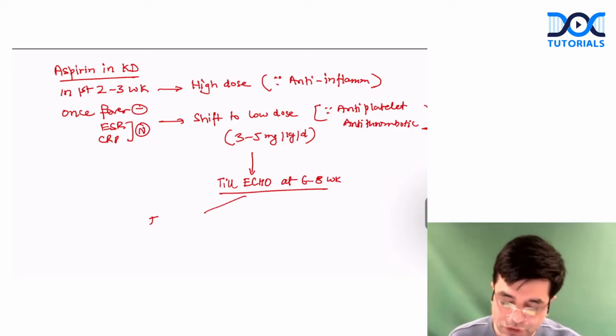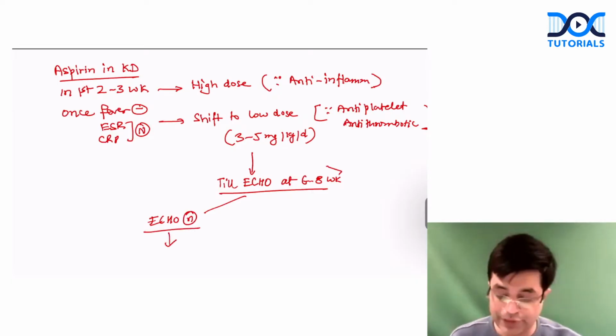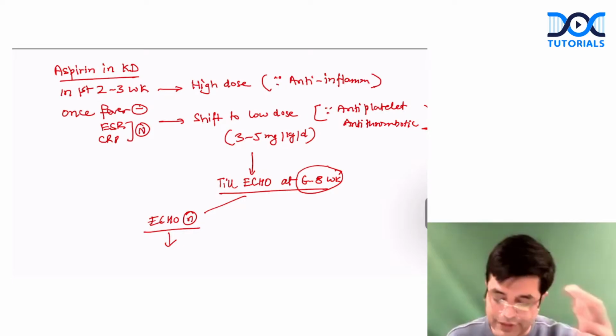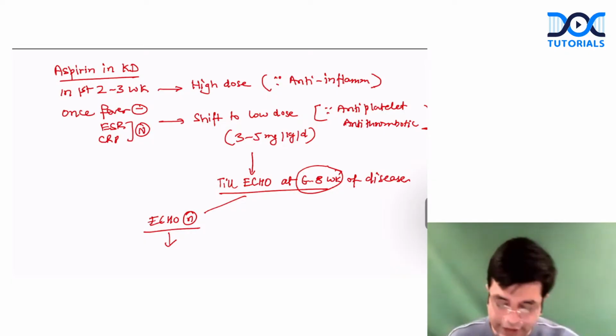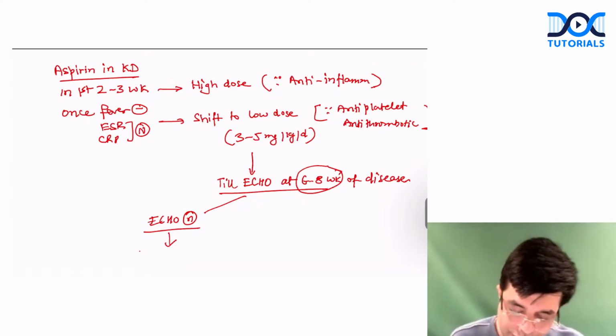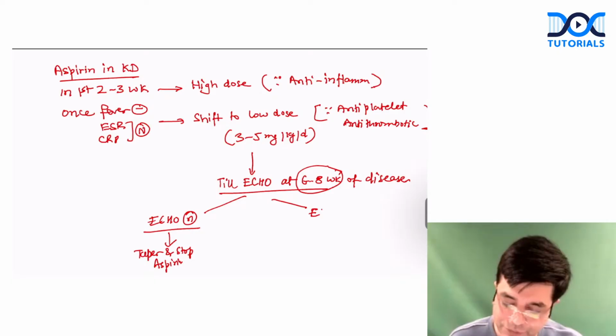If the echo becomes normal at 6 to 8 weeks, not 6 weeks of age, but 6 to 8 weeks of disease duration, 6 to 8 weeks after the disease started, you will taper and stop the aspirin. But if echo is abnormal, any abnormality is persisting, you will continue aspirin.